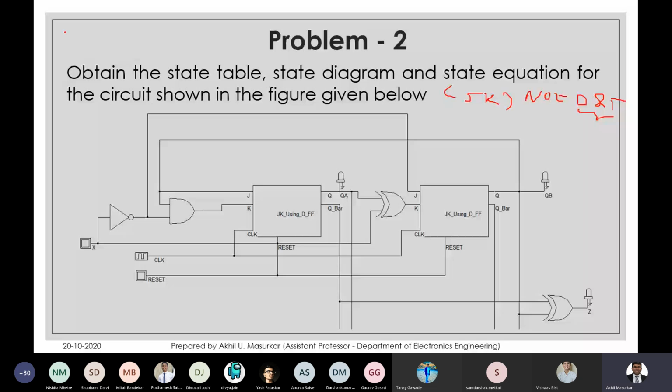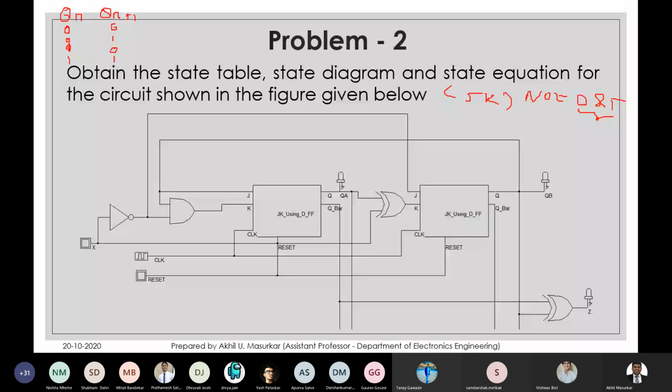Now, if you just recall the D flip flop excitation table, Qn and Qn plus 1: 0, 0, 0, 1, 1, 0, 1, 1.